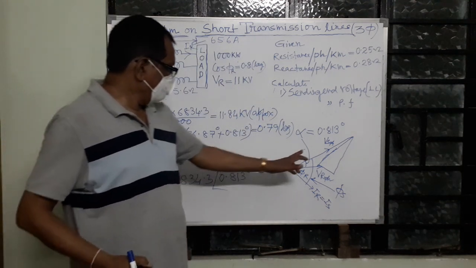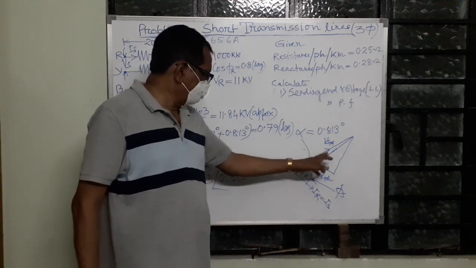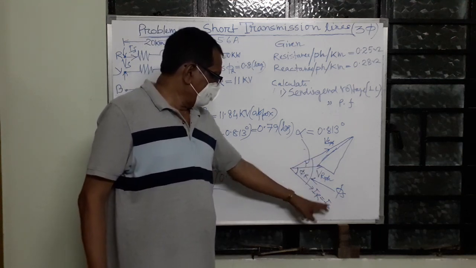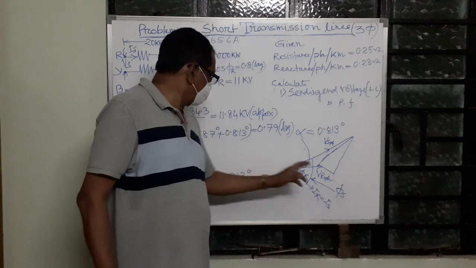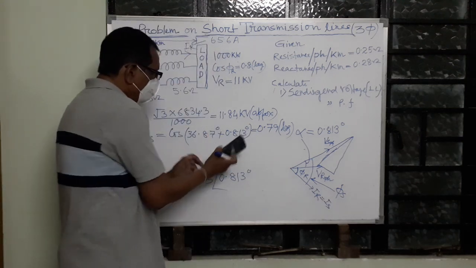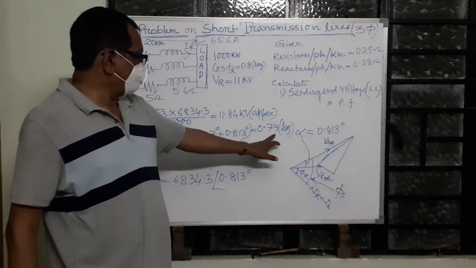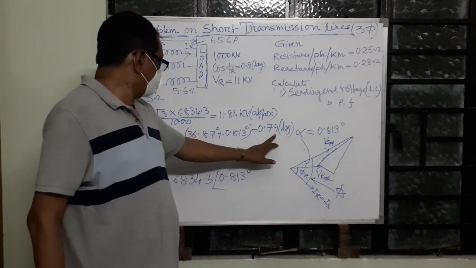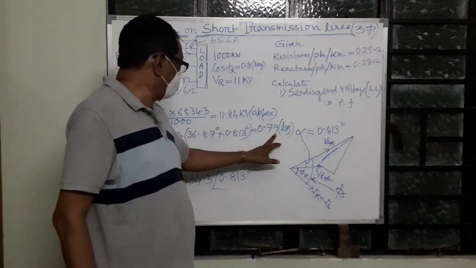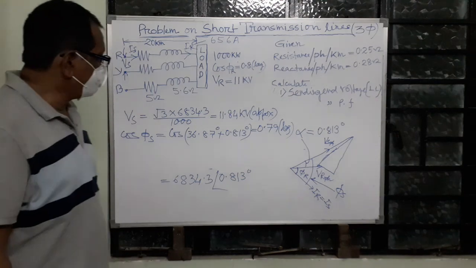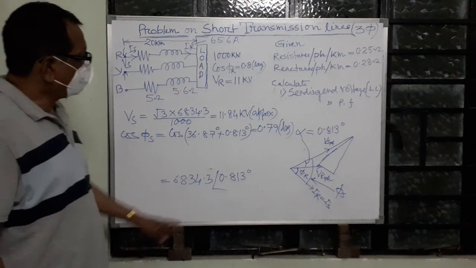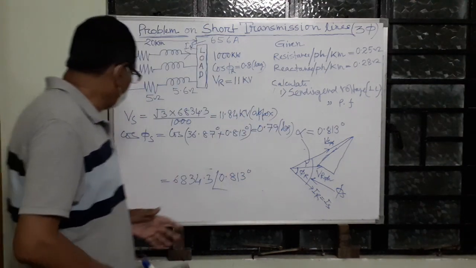So in the vector diagram it is saying that IS is lagging at an angle phi S, which is this total angle, and if we take the cosine, the magnitude is 0.79 and its direction is lagging. So the power factor of the sending end is calculated.